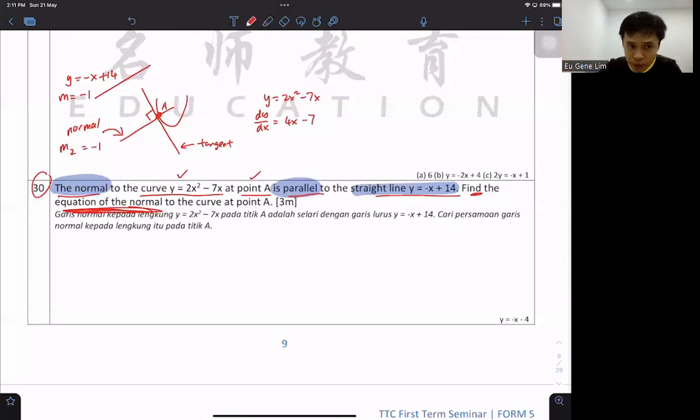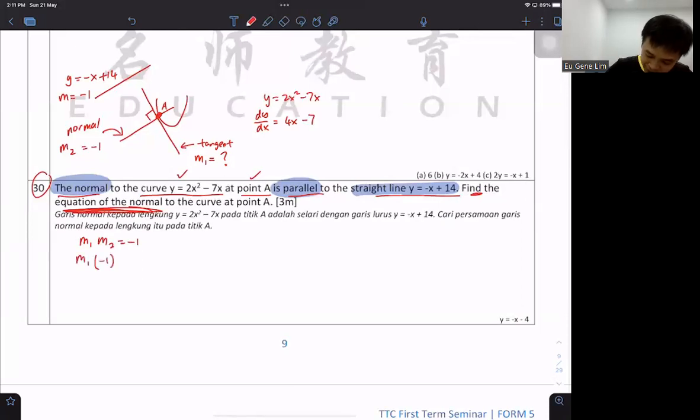So now you have m2. Can you find m1? The question never asked for tangent, but we just find. m1 times m2 equals -1. m2 is -1. This is times, bring over divide.